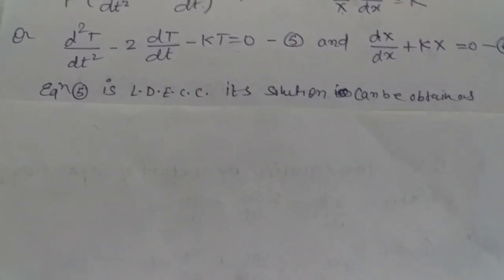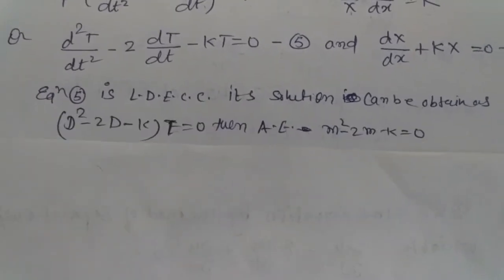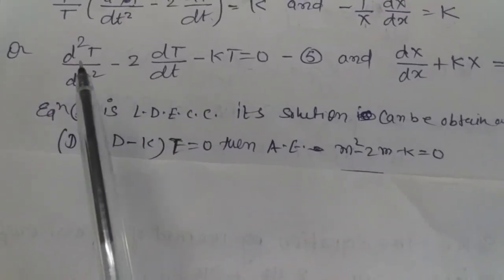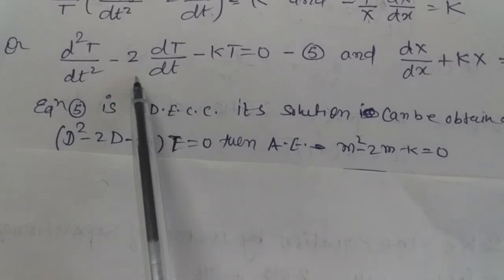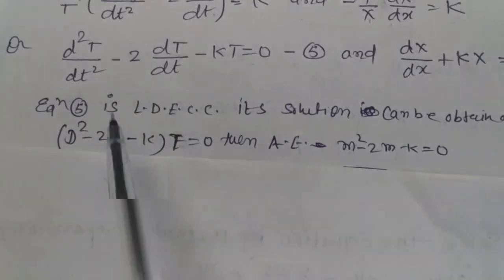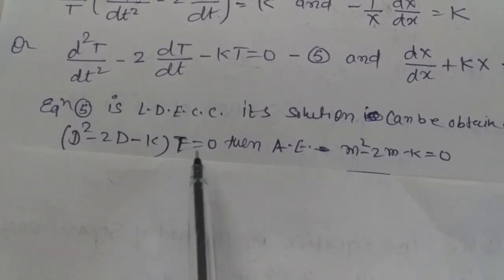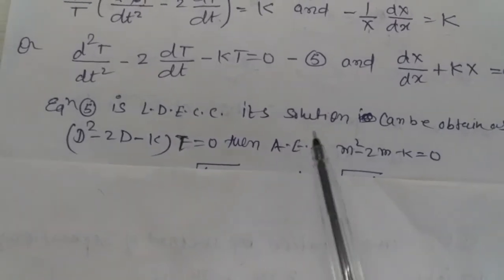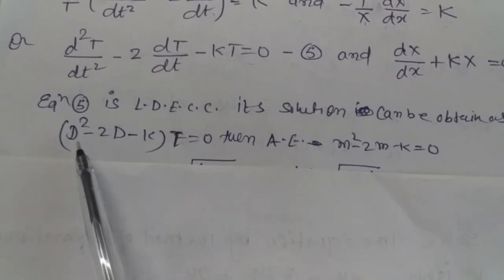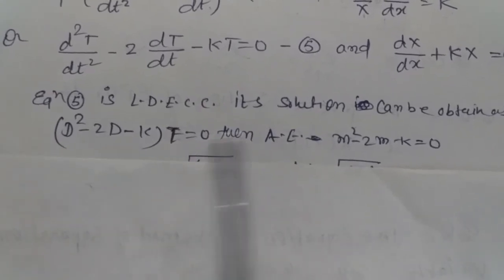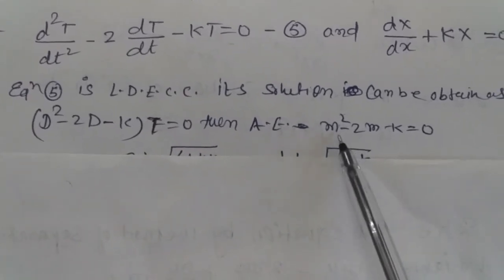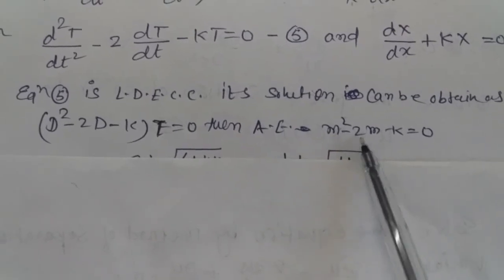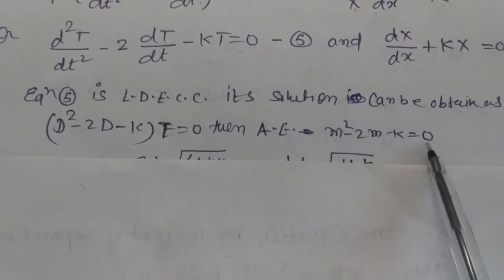Now equation 5 can also be written in the form of the operator D: (D² minus 2D minus k) times T equal to 0. Now to find CF, the auxiliary equation can be obtained by putting D equal to m. So the auxiliary equation is m² minus 2m minus k equal to 0.